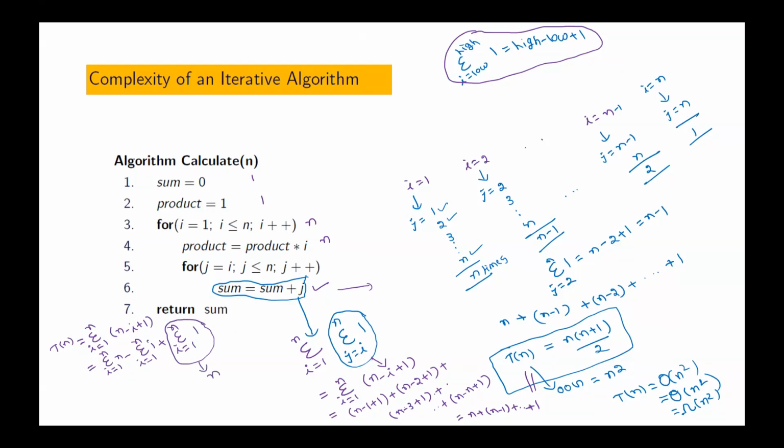So what is the value of sigma i equals 1 to n of i? When i equals 1, this value is 1. When i equals 2, this is 2. When i equals 3, this is 3. And so on, when i equals n, this is n, which is the same as the sum of the first n natural numbers.